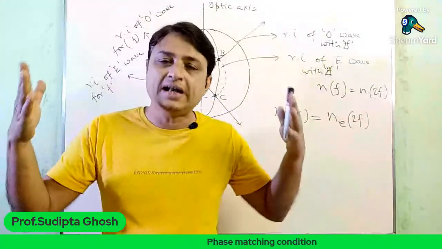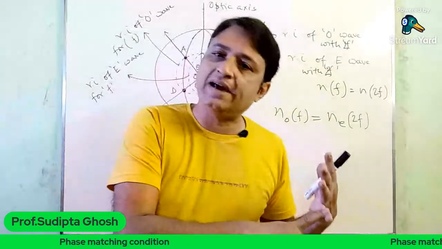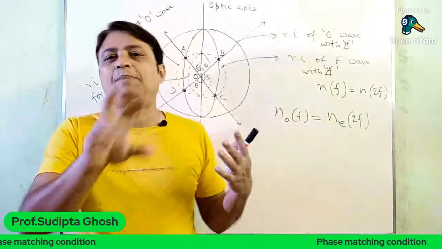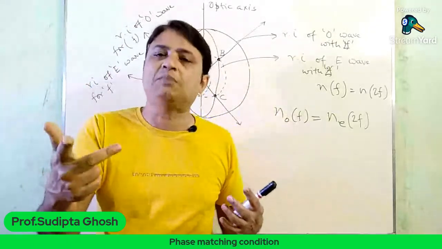So overall, we have taken a wave of frequency f. After first passing through a nonlinear material, we found a twice f component.